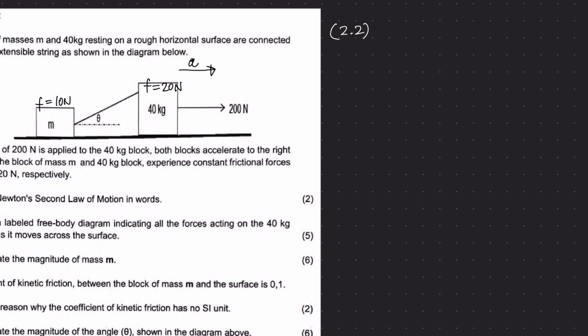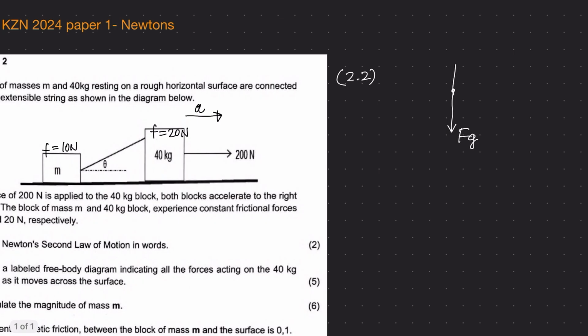So we know obviously there's going to be gravity, and since it's a flat surface, gravity is not going to have any components. So the force of gravity, it's on its surface, so there'll be a normal force pointing up. There's also a force applied, pulling it to the right. Then there is this friction force that will work to the left, since the object is moving to the right.